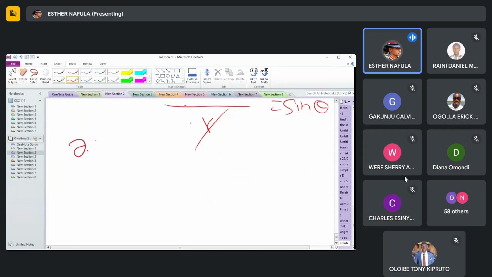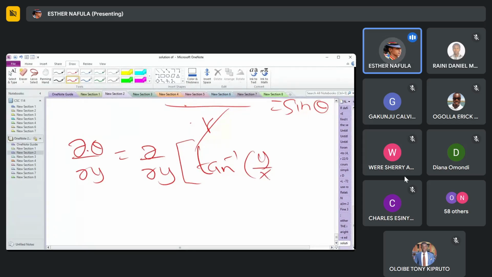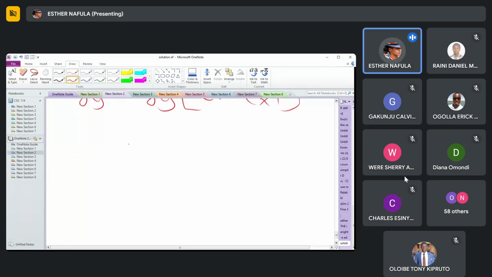Next, we compute partial theta, partial y. This is the partial derivative with respect to y of theta, but theta is tan inverse of y divided by x. So this will be 1 divided by 1 plus y squared over x squared, times partial y of y over x.